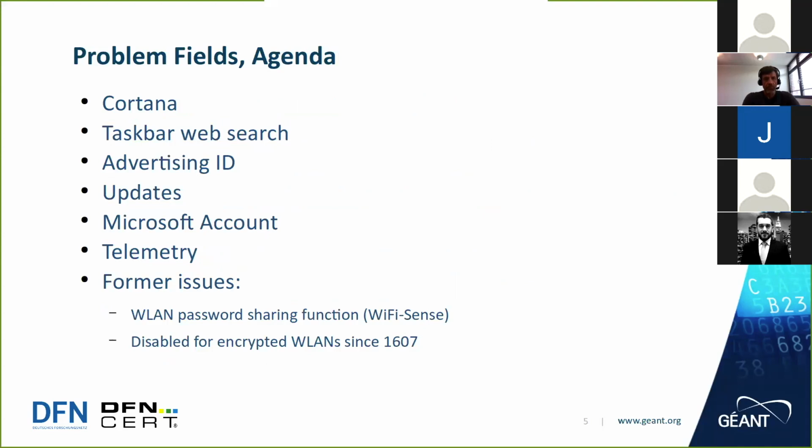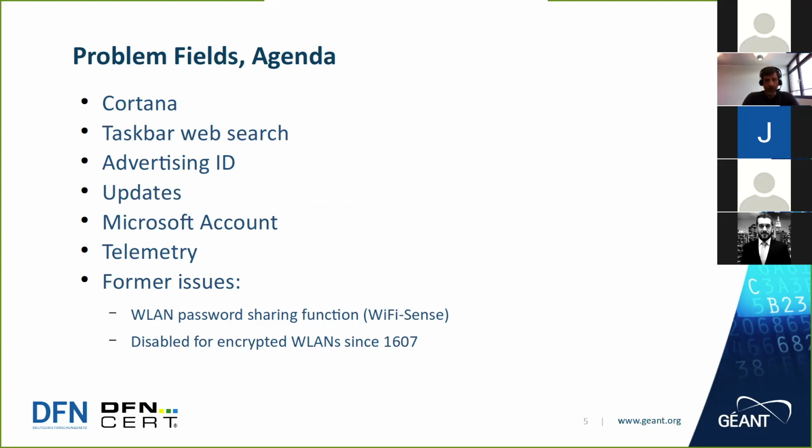So what are the problem fields, at least the most important ones? The first one is Cortana. Then we will talk about the web search functions, the advertising ideas, the Windows Update functions, the Microsoft accounts, and the biggest part is the telemetry.